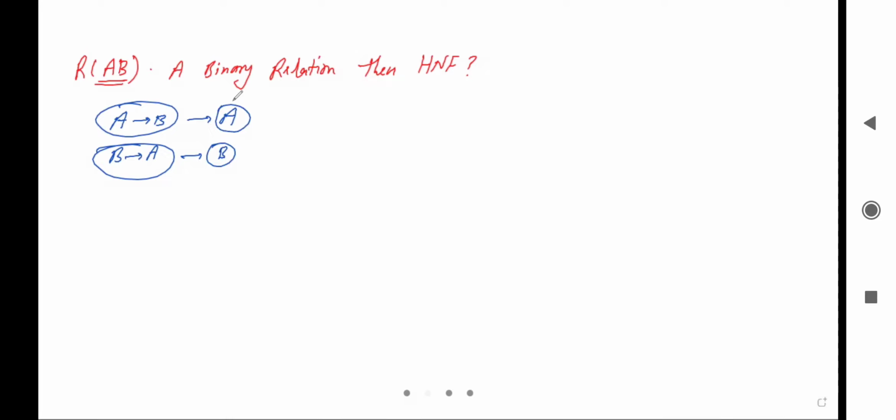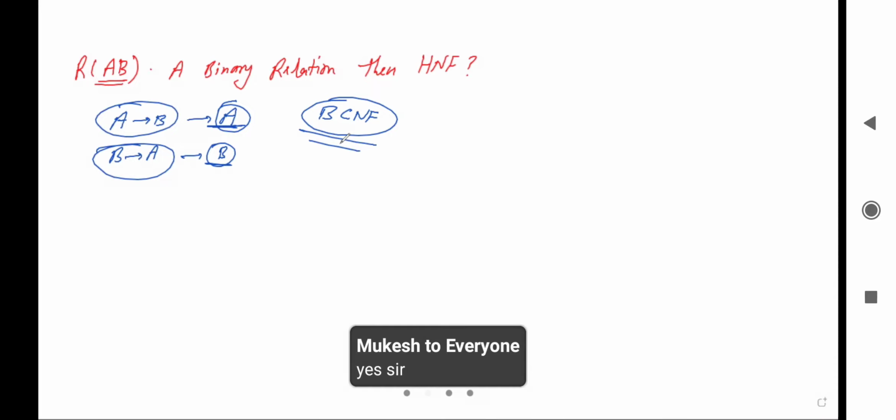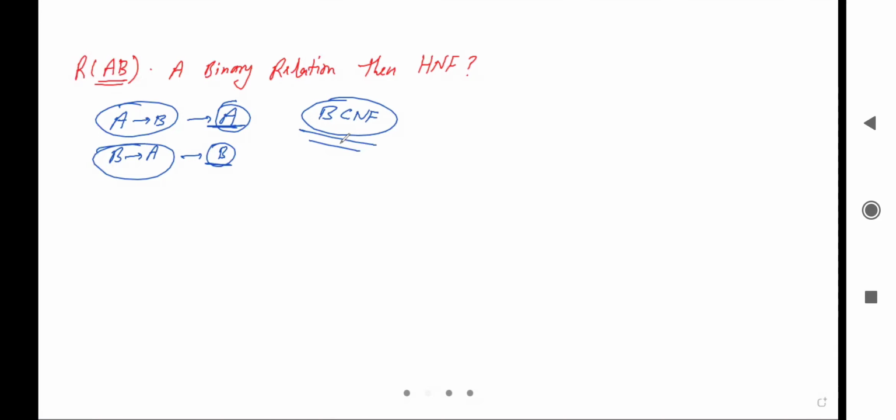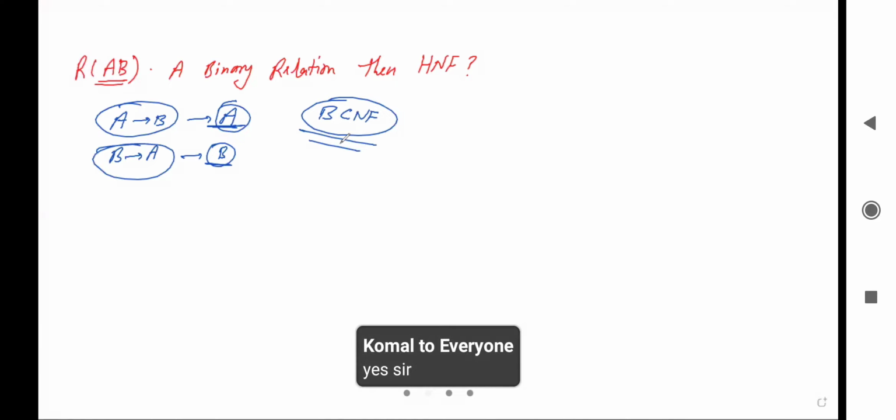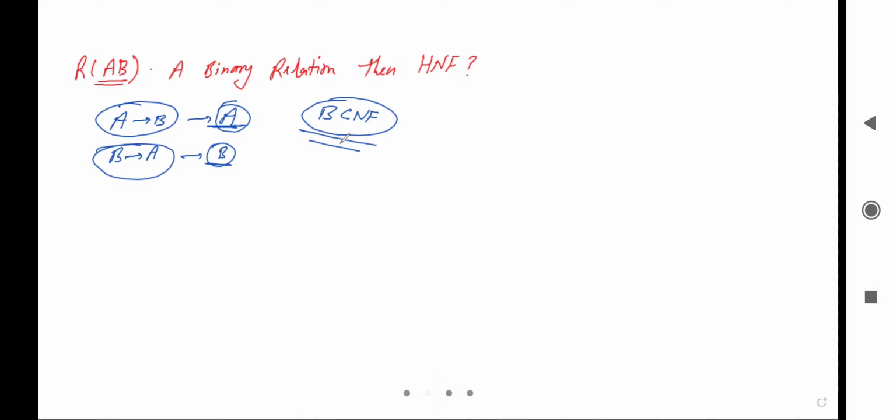So दोनों ही केस में कोई ना कोई तो सुपर की बनेगी, या तो B बनेगी या A बनेगी, राइट? तो उस केस में अगर सुपर की बन जाएगी तो डेफिनेटली ये BCNF में रहेगा, राइट? So the highest normal form will be BCNF in case of a binary relation. इज इट क्लियर टू ऑल? Okay, fine.